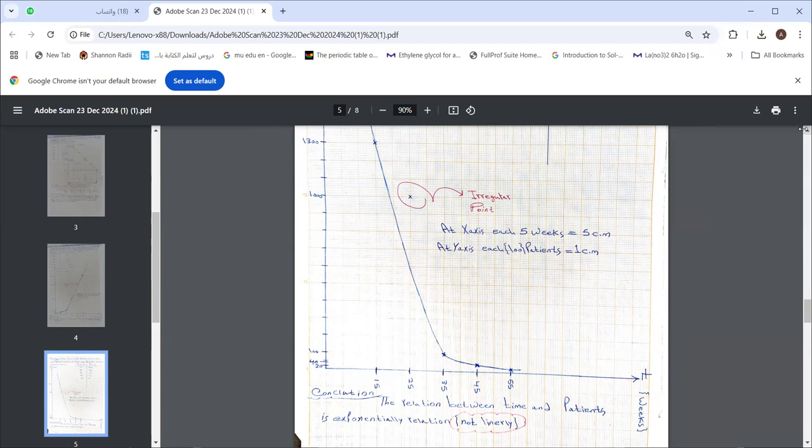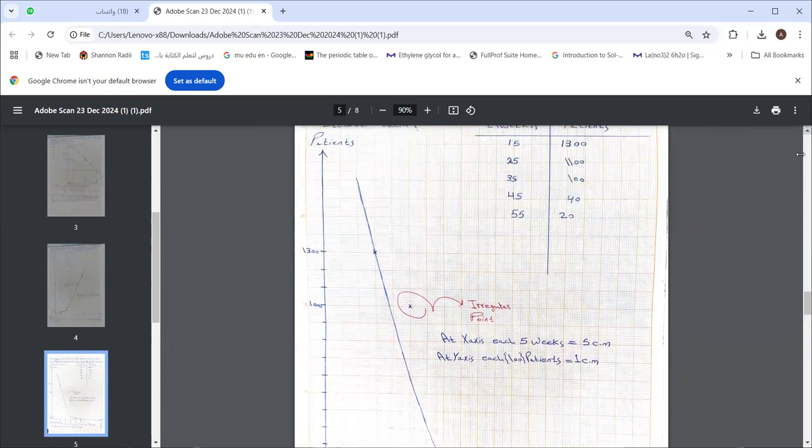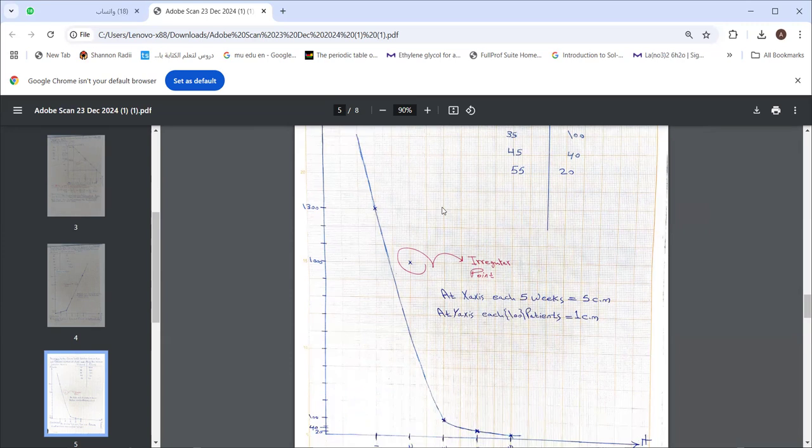Here, it's an important note. Most of my students use a regular ruler to plot a line from this point to this point. It's not correct. It's enough to use your hand, okay, without using a ruler.